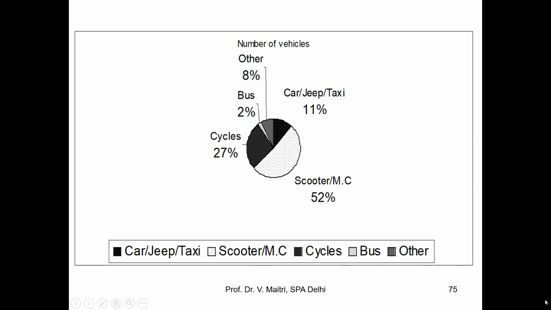Here we are dividing the whole vehicle population at cordon point number 5. So I can easily say that 52% scooter, 11% car, jeep, 8% others. So in place of presenting degrees, percentages make our job easier in convincing people.